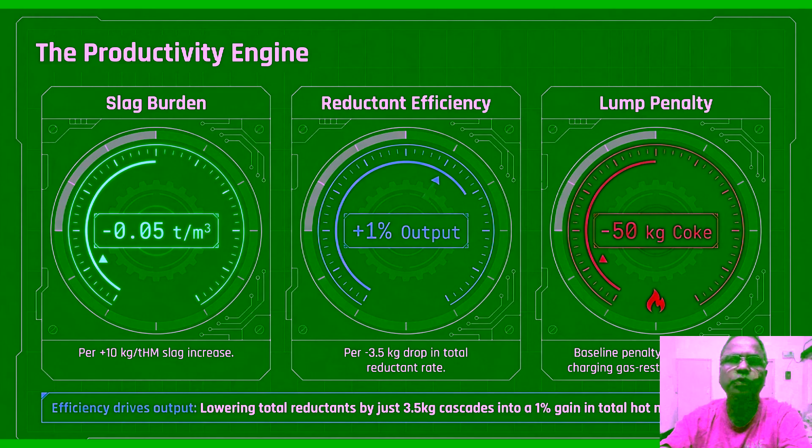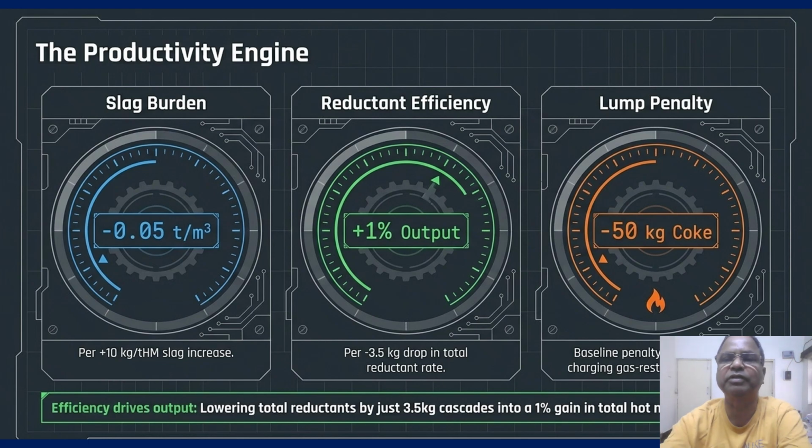Coming to our next slide, the productivity engine. As you can see on the left, the slag burden gauge shows a penalty of 0.05 tons per cubic meter for every 10 kilogram increase in slag rate. In the center, the reductant efficiency gauge highlights the gold standard. Every 3.5 kilogram drop in total reductant rate yields a 1% boost in total output.